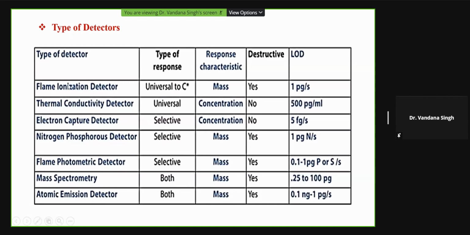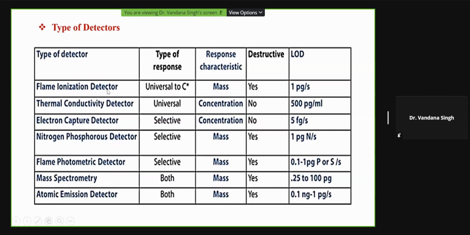First is the flame ionization detector. In this detector, the sample is combusted in a hydrogen flame, and then ions are generated, and these ions are moved through an electric field, and as they move through the electric field, change in their conductivity is recorded as the signal.